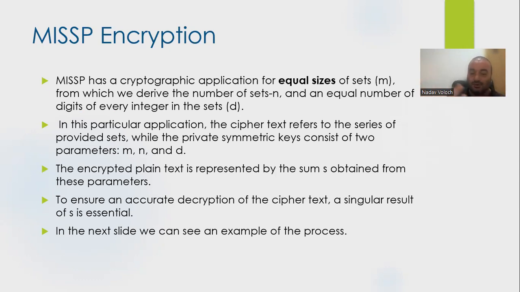It doesn't matter which ones. The encrypted plain text is represented by the sum S obtained from these parameters.